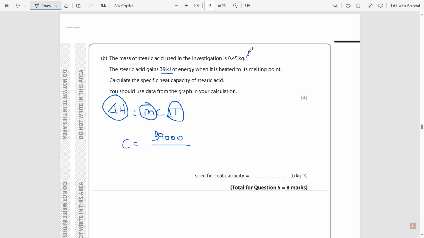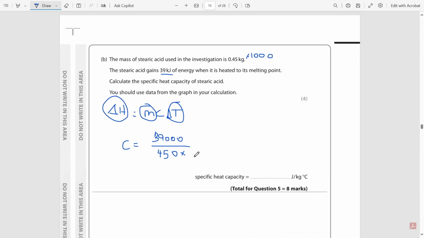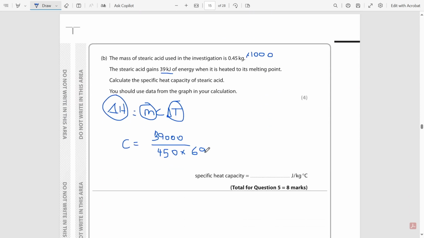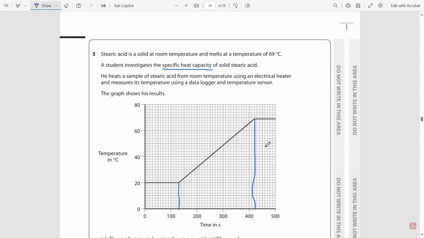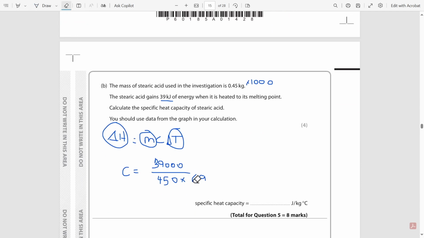We're going to convert that into grams. So that's going to be 450, sorry, times, let's see, what's the difference? That's the difference in temperature. Oh gosh, like about 69? I'm going to say 69, guys. Okay, 69 minus 20. So 49.